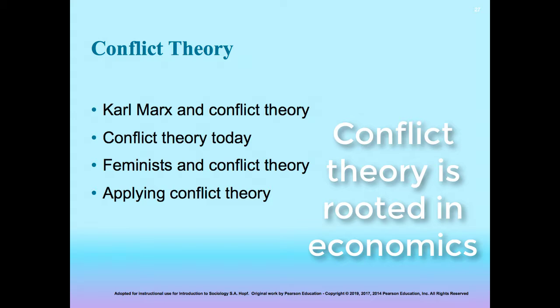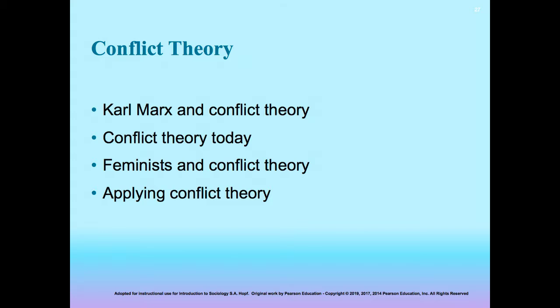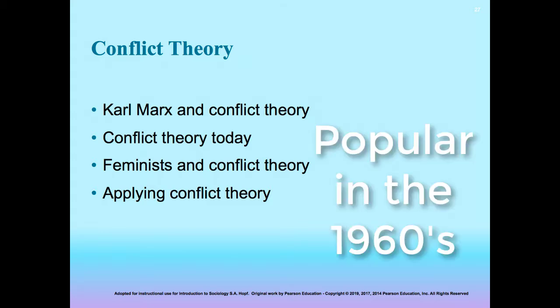There's a basic premise that groups that are in power don't want much change because threatening the status quo threatens their advantage in society. Conflict theory became popular in the 1960s because it became apparent that other theories, such as functionalism and symbolic interaction, did not adequately explain the strife and the social discord that was occurring during the U.S. Civil Rights Movement.